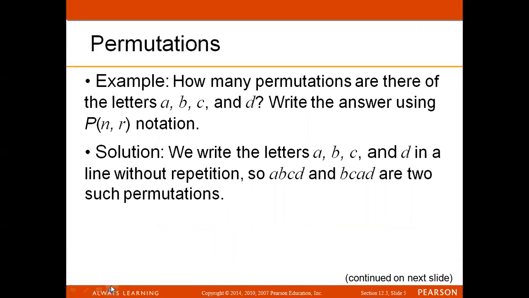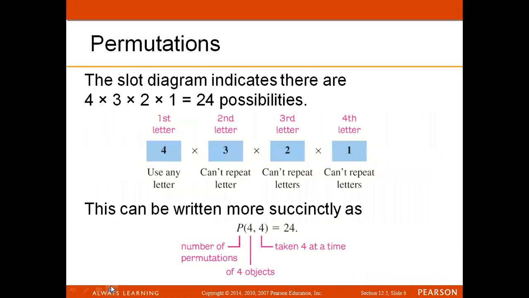Example: how many permutations are there of the letters A, B, C, and D? Write the answer using the P(n, r) notation. Solution: we write the letters A, B, C, and D in a line without repetition. So ABCD and BCAD are two such permutations.